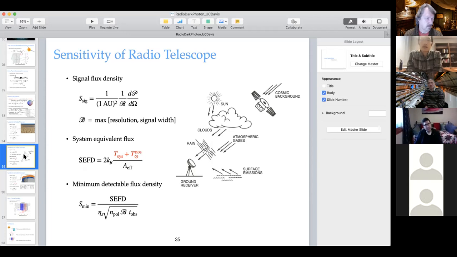There's uncertainty, but the dominant one is the solar one. The sun is really bright, so we need to just observe in the quiet sun region. All the uncorrelated radio photon signal is basically just a smooth spectrum in the background.